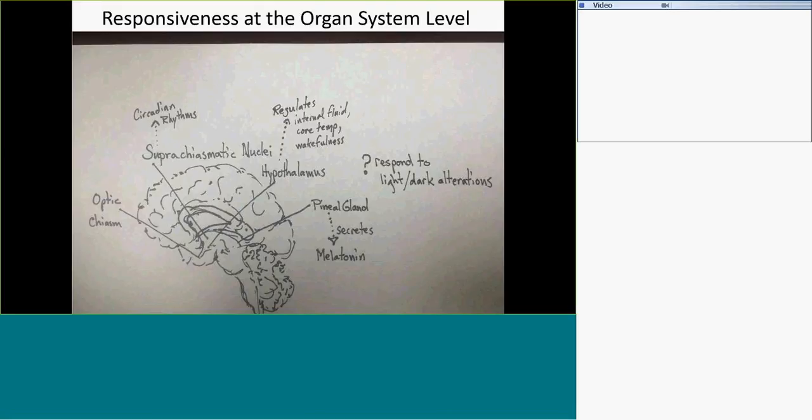So you could ask the question, are hormones an important design feature that reveal how life is responsive? And we say, yeah, the hormones help us, and they're an excellent example of this concept of responsiveness.